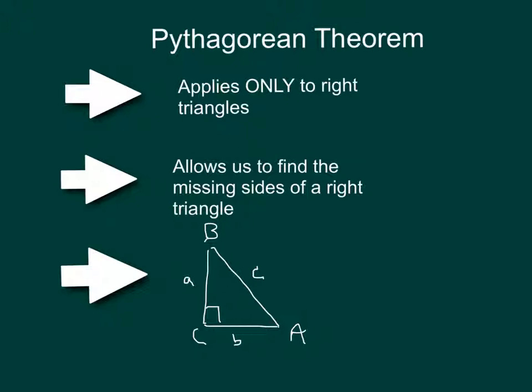Many of you, or a few of you anyways, may have seen this equation already, but the Pythagorean theorem is a squared plus b squared equals c squared.